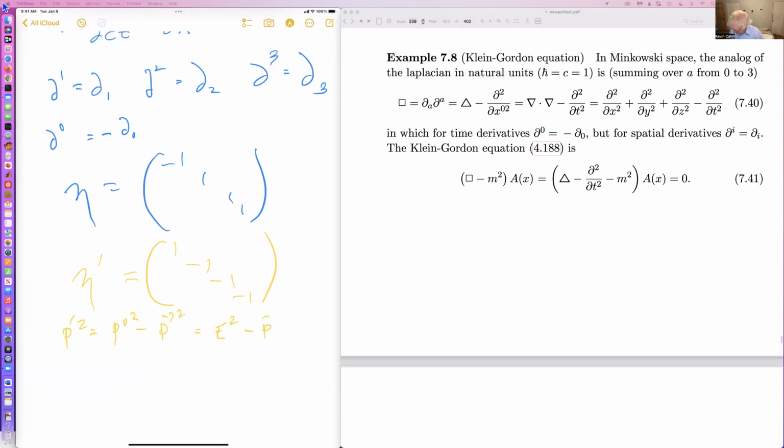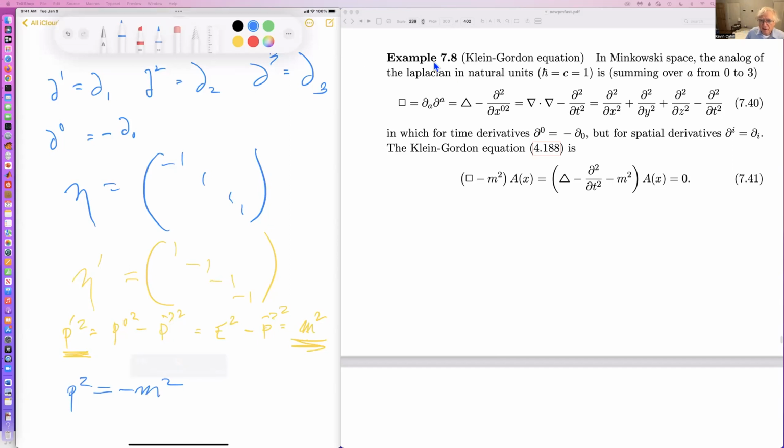This is e squared minus p squared, and this is equal to m squared. So what they like about that is that this is positive, and this thing looks positive because it's something squared. Whereas in the nice notation, with fewer minus signs, p squared is equal to minus m squared. Again, in units with h bar and c equal to 1.